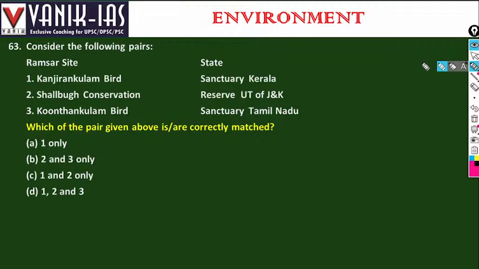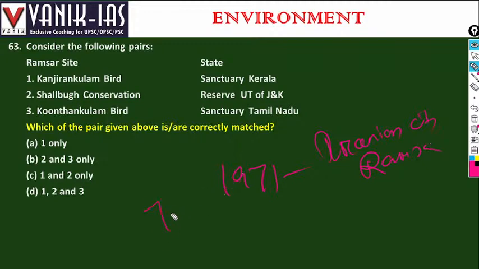Ramsar sites come under the Ramsar Convention of 1971 in the Iranian city of Ramsar, Iran. Ramsar Convention has started. Presently we have 75 Ramsar sites. So one by one we'll see.